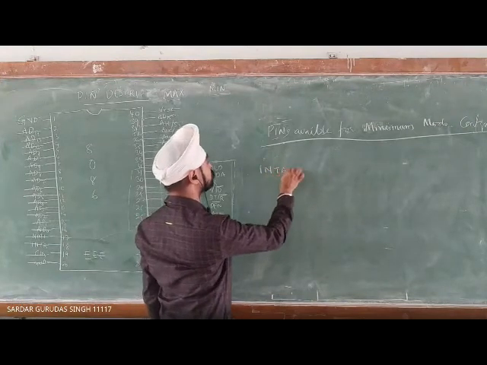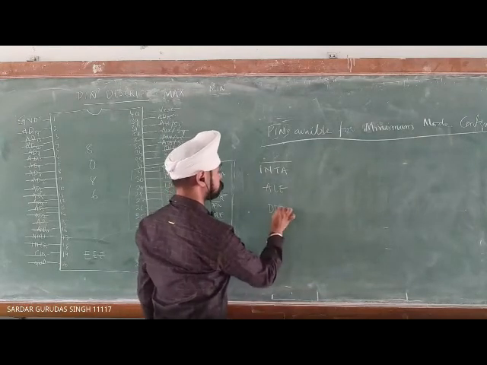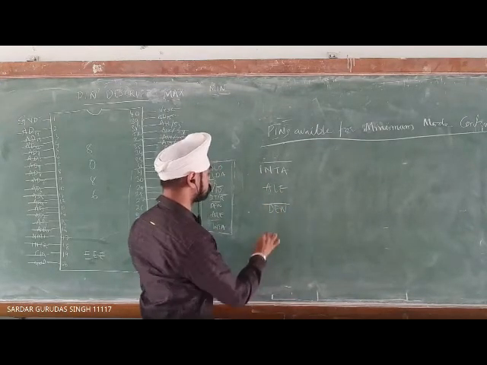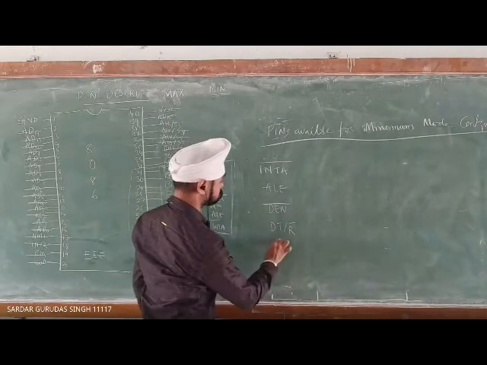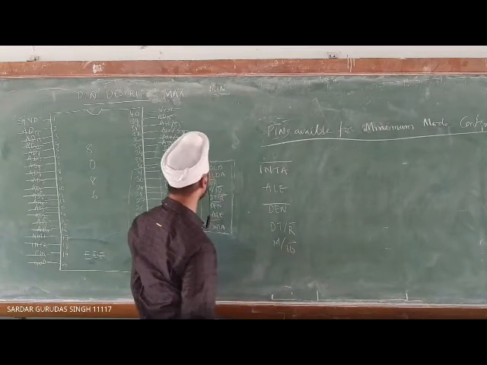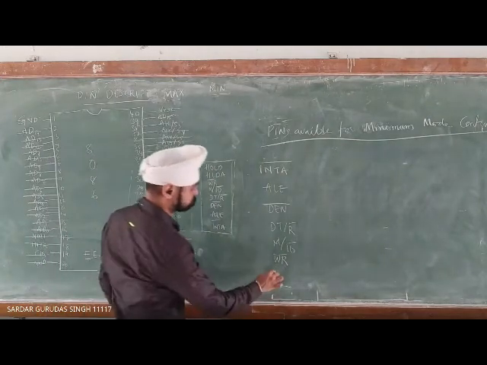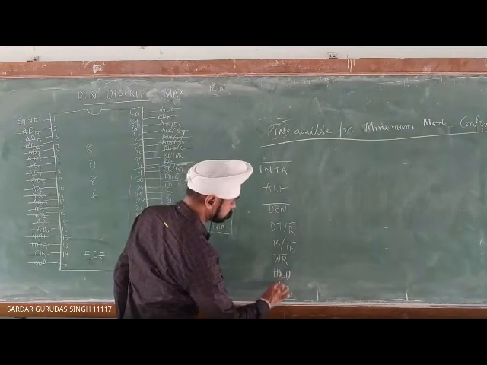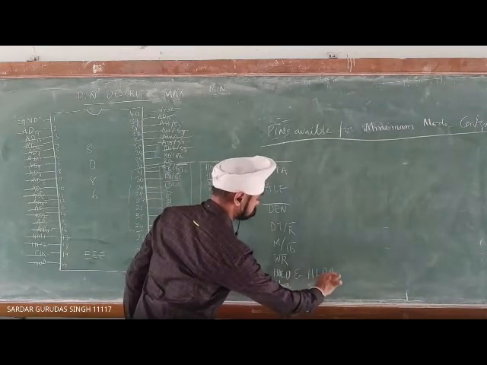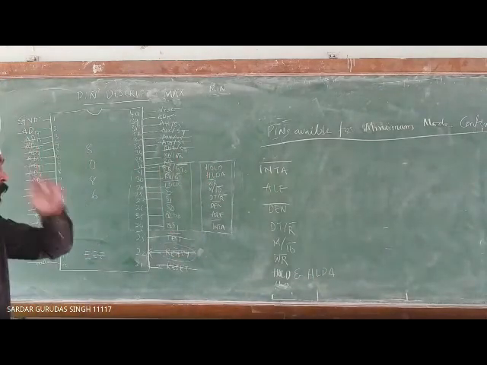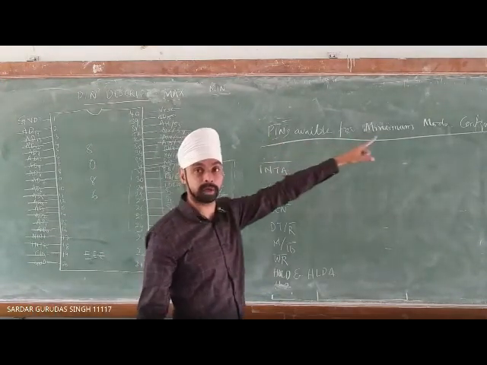These are INTA bar, ALE, DEN, DT by R bar, M by IO bar, WR bar, hold and hold acknowledge. These are the pins that are available in minimum mode configuration.